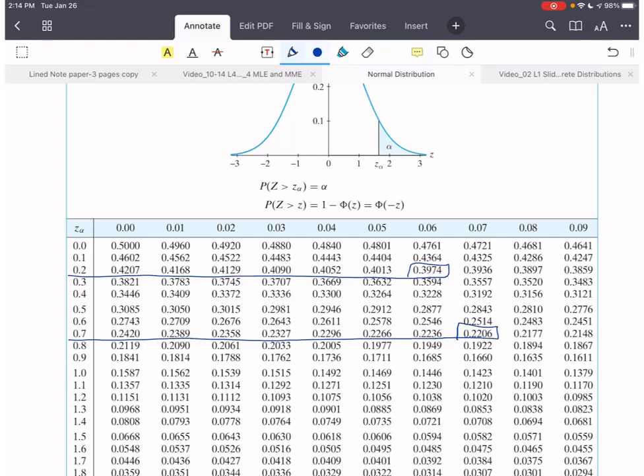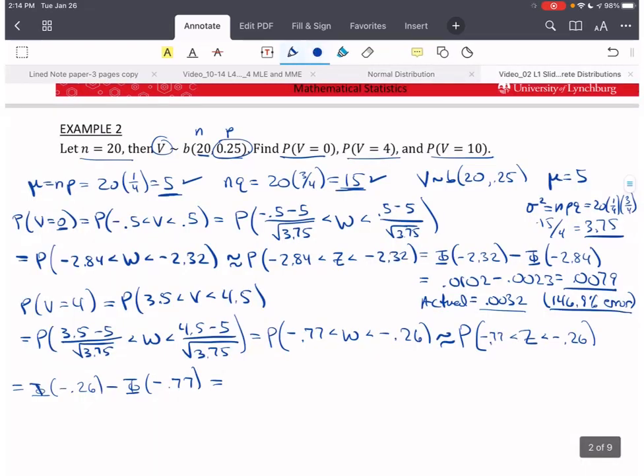Now we plug those in: 0.3974 minus 0.2206 gives us 0.1768. Comparing with the actual, this turns out to be an error of only 6.8%.